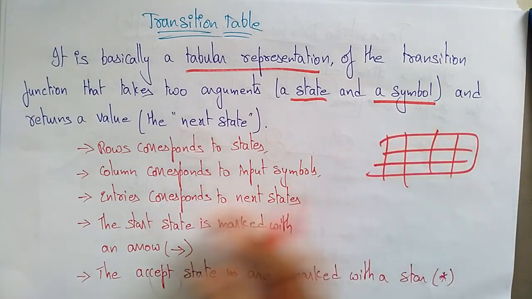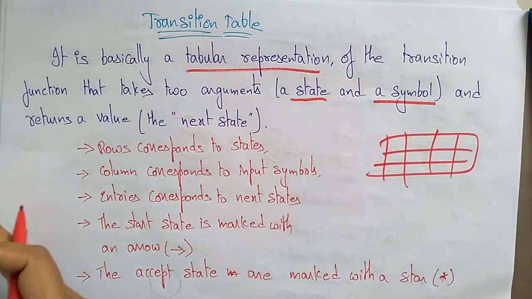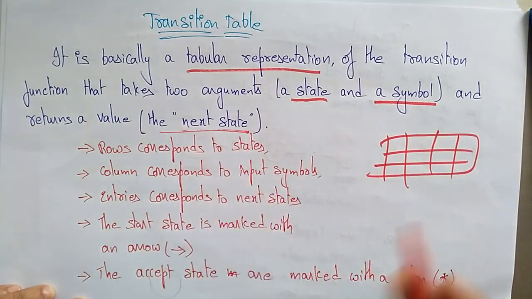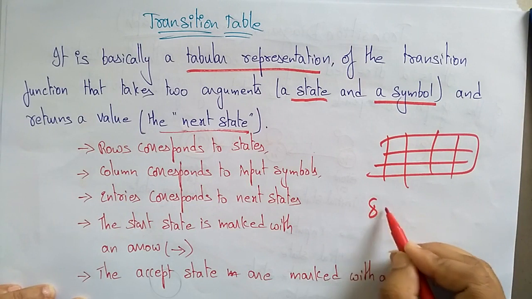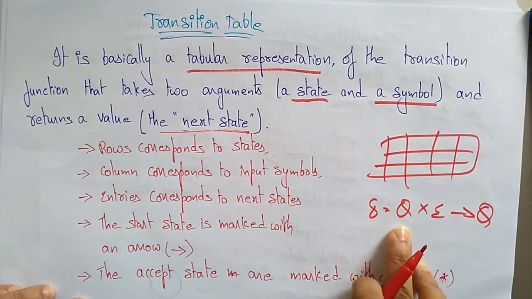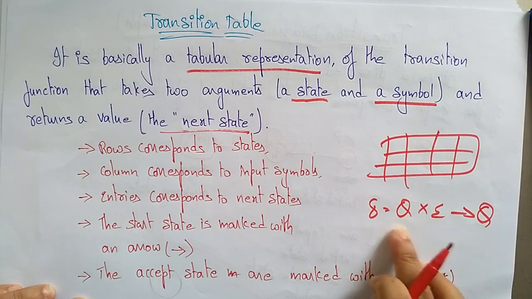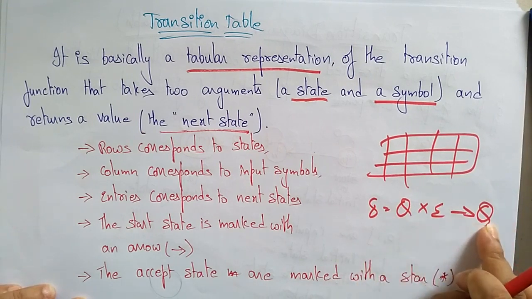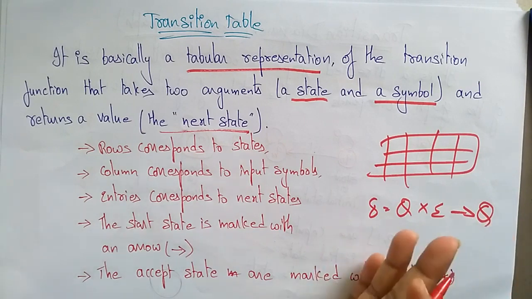The symbols are the input symbols; in the previous example, 0 and 1 are the symbols. The return value is the next state. That is the transition function: delta is Q into sigma, you will get Q. That is, from some state and a symbol, you get the next state.